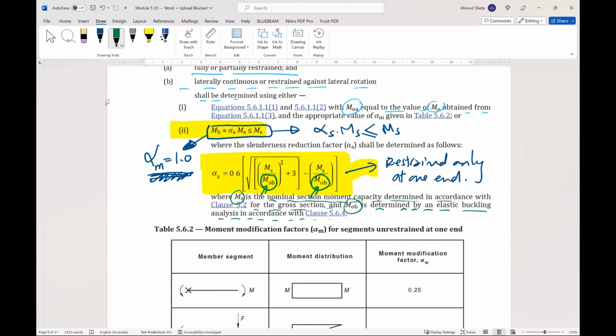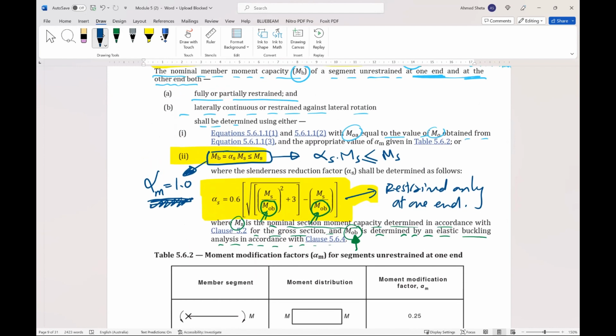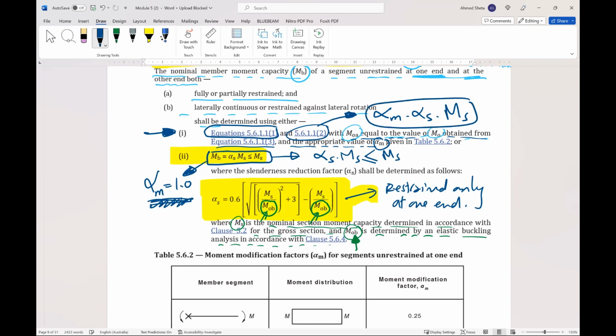Okay. If you don't want to calculate MOB, you need to use the first procedure, which is the previous procedure we have done with MOA equal to MO obtained from equation 5.6.1.1 and the appropriate value of alpha M. So the procedure will be alpha M times alpha S times MS. This is the equation.